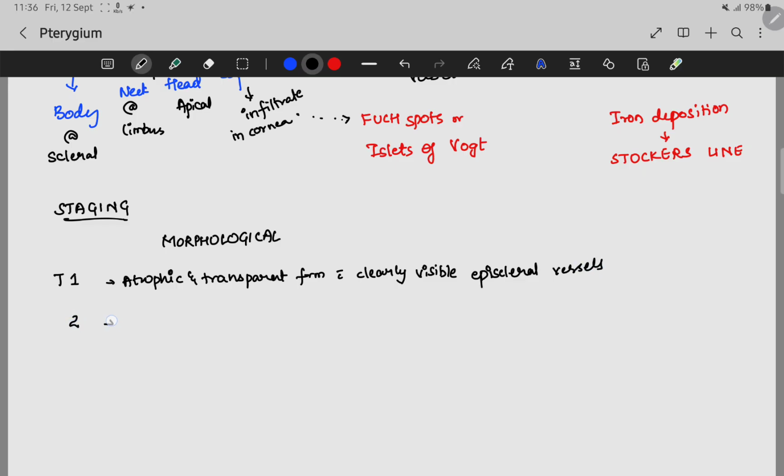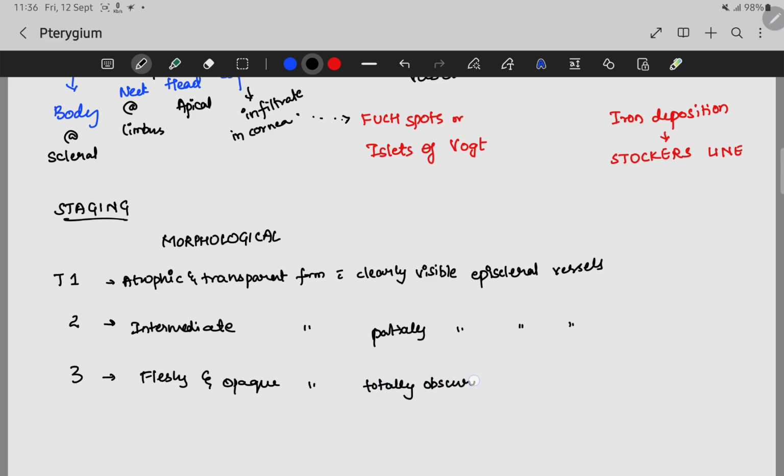Type 2 is intermediate form with partially visible episcleral vessels, and type 3 is fleshy and opaque form with totally obscured episcleral vessels.